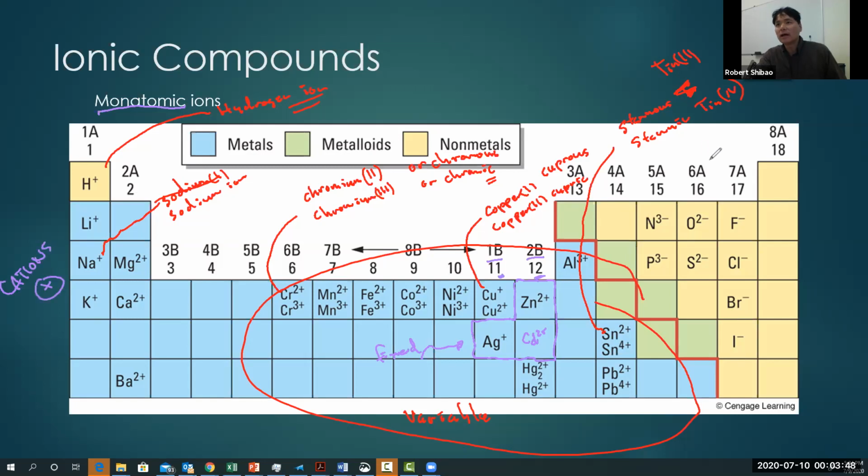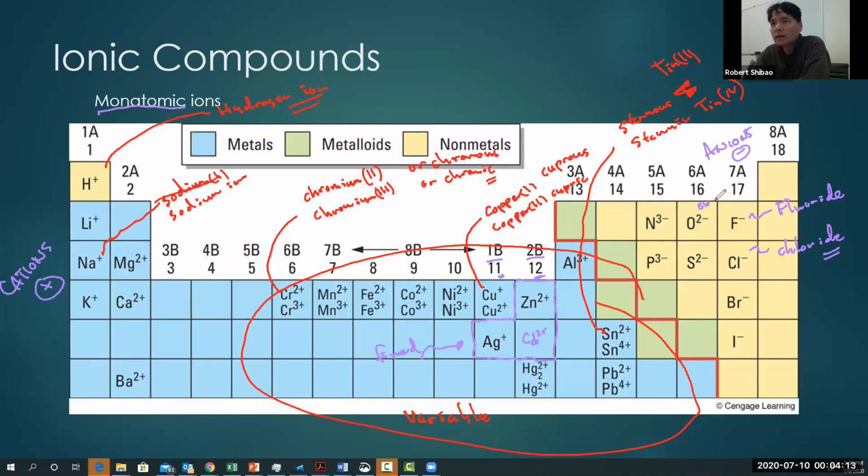And then we have anions, which are negative here. Now the anions, we have to change the ending. For monatomic, we change the ending to "ide." And so this is called fluoride. Fluorine gets changed to fluoride. Chlorine gets changed to chloride. And so we know it's an anion because of the "ide" ending here.